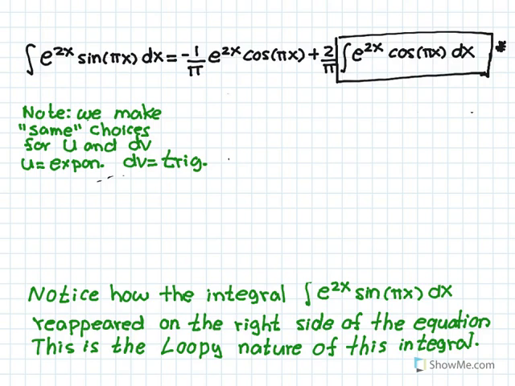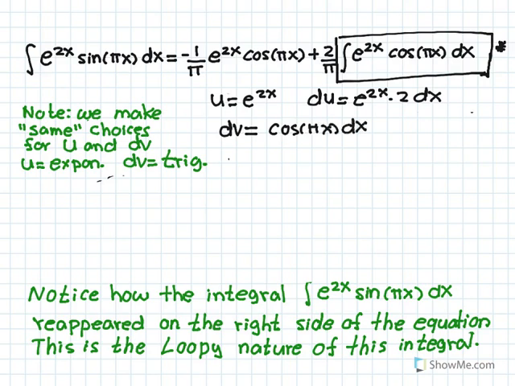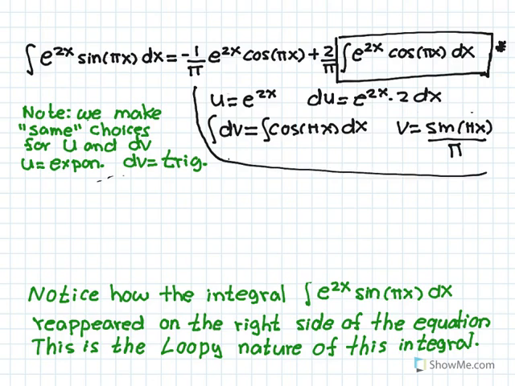Now we're going to apply another integration by parts, so we let u be equal to e to the 2x, du is equal to e to the 2x times 2 dx, dv is equal to cosine pi x dx, and we integrate both sides to obtain v. v is equal to sine of pi x, reversing the chain rule, sine of pi x divided by pi. And let's put this in the box.